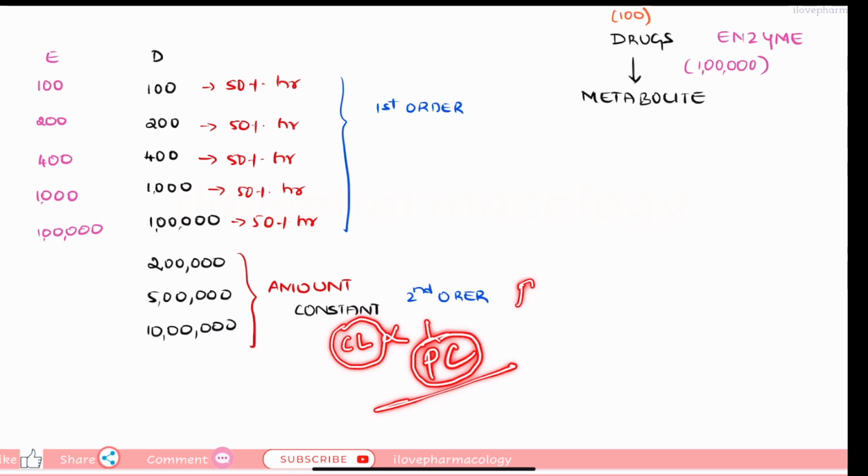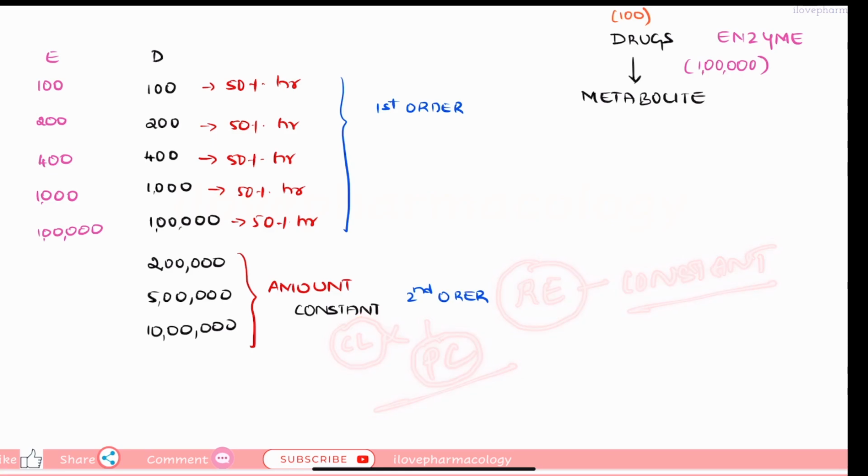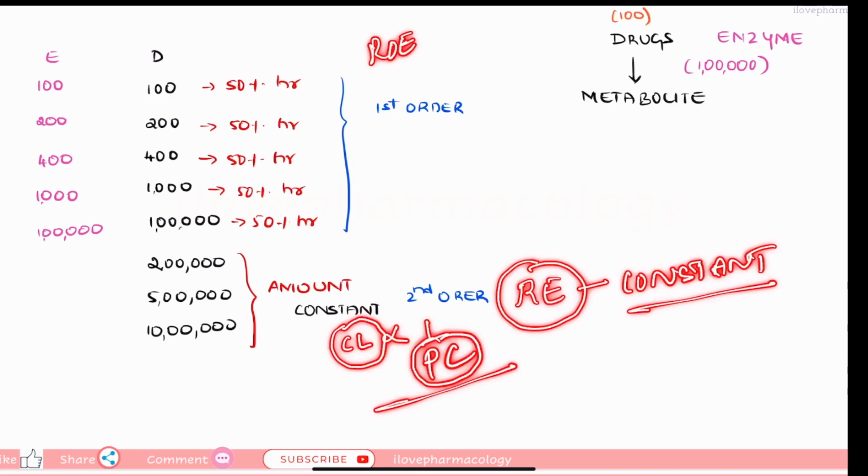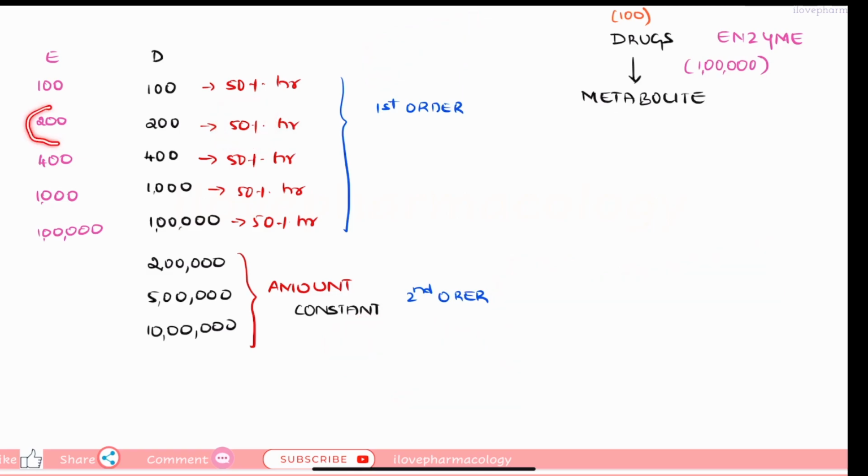So what happens to the rate of elimination? The rate of elimination will remain constant in zero order kinetics, whereas in first order the rate of elimination is proportional to the plasma concentration. Exactly 50% will be eliminated because the body has sufficient surplus enzymes for the drug molecules you administer.